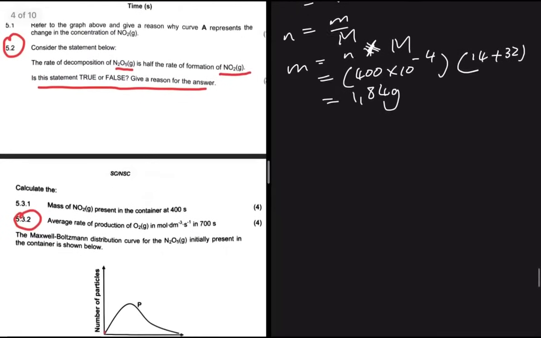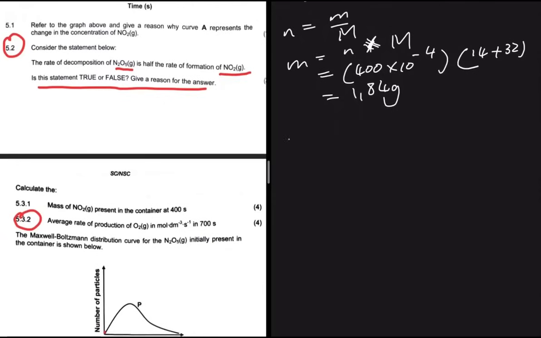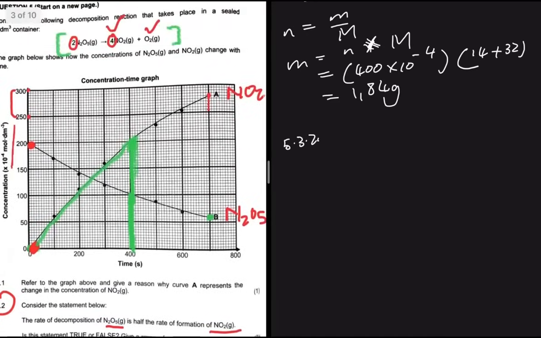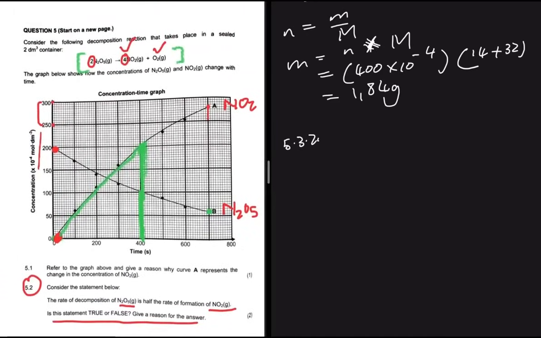Let's move to the following question. The average rate of production of O2 in moles per decimeter cube in 700 seconds. Again, we're looking for the average rate of production of O2, right? But we don't have a graph for O2 here. So to make our life easy, let's find the rate of production of NO2 and use the balancing coefficient to find the rate of production of O2.